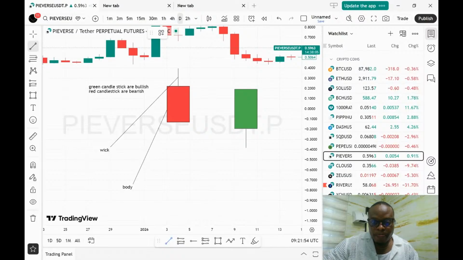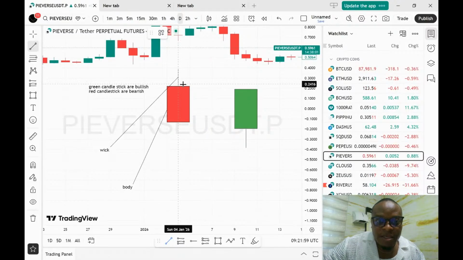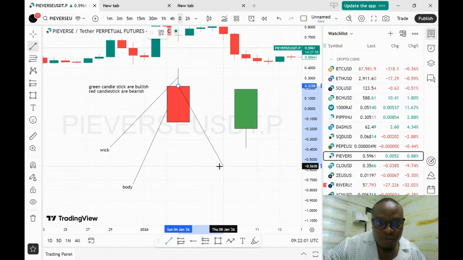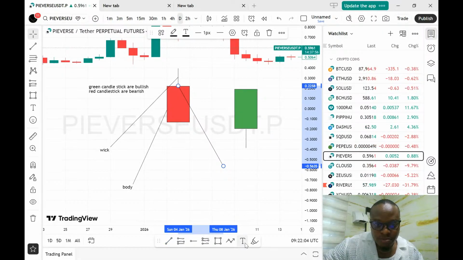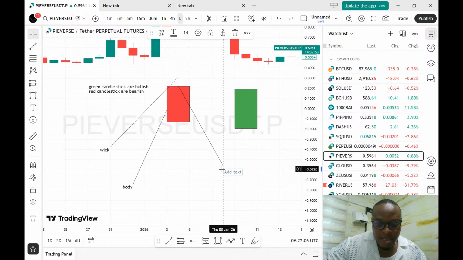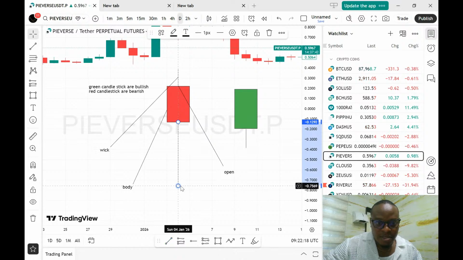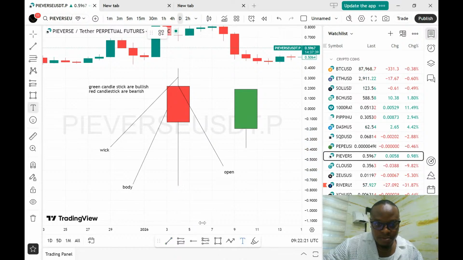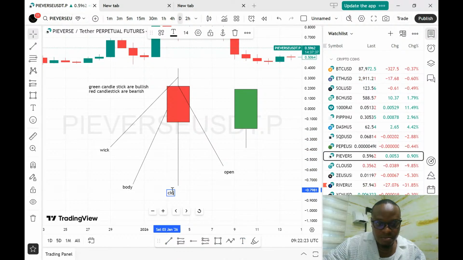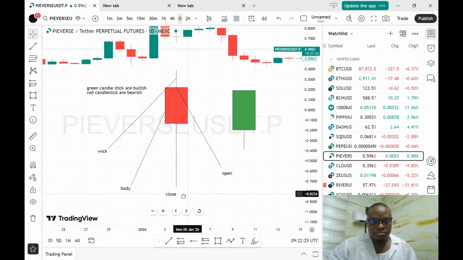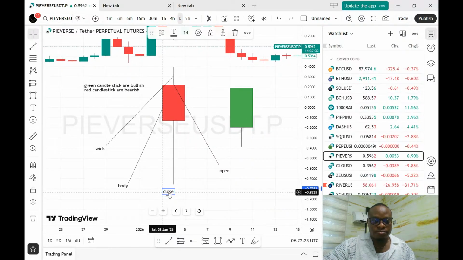So for a bearish structure, which is a downtrend structure, this part here is known as the open. While this ending part is known as the close.